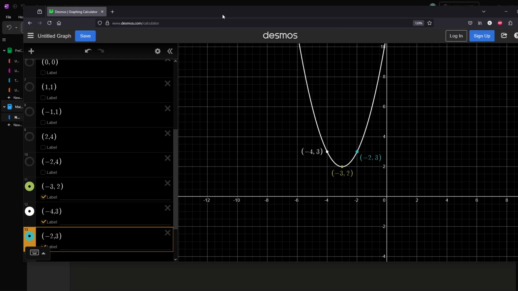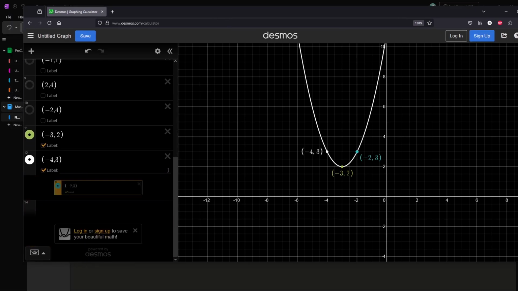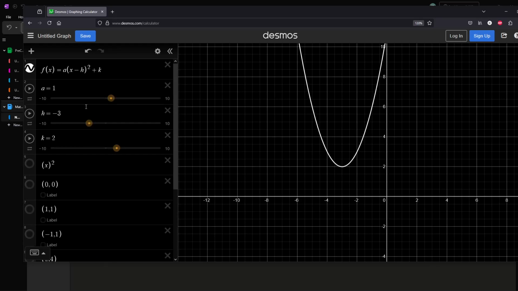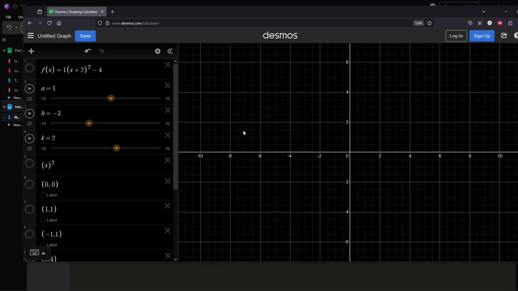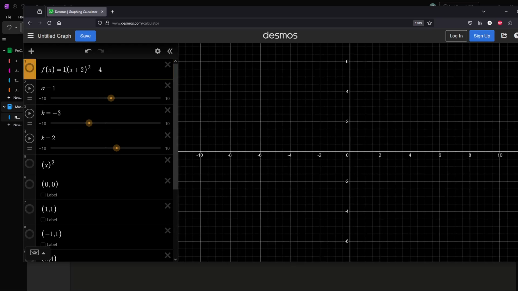So let's do one example real quick. What if I have the example where A will just be 1. Okay, so I have this function right here where A is 1, so it doesn't really matter.